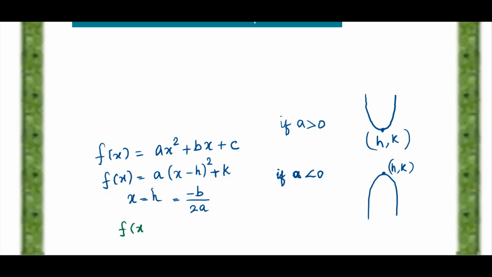f of x equal to negative 3 multiplied by x minus 2 the whole square plus 14. So in this case the a value is negative 3, which is less than 0. So there is a maximum point for this quadratic function. The maximum point is h comma k.